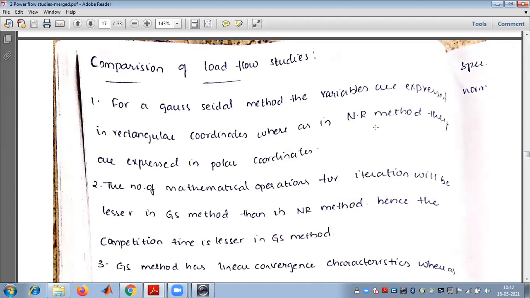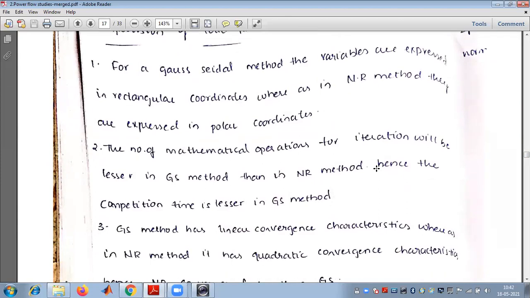So the coordinate representation is also very important. The second one is the number of mathematical operations per iteration. That means the Gauss-Seidel method of load flow solution takes a larger number of iterations for computing a solution.